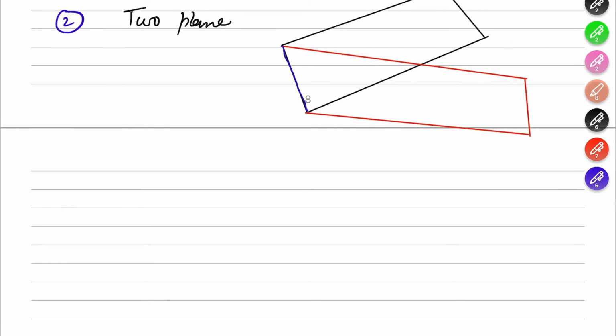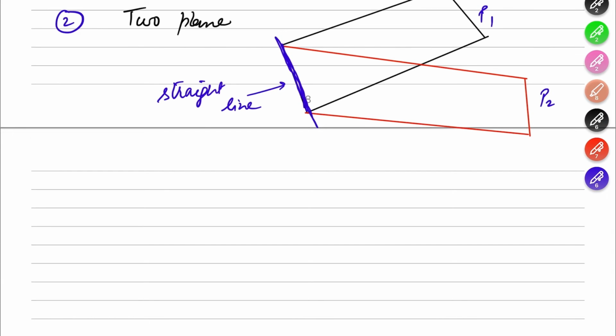The intersection of these two planes is this line. So the intersection of two planes is a straight line. These are two geometrical figures, plane 1 and plane 2, and whenever they intersect, they give rise to a new geometrical figure, and that is a straight line.